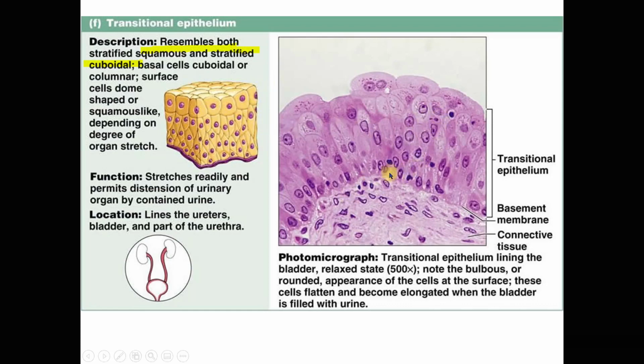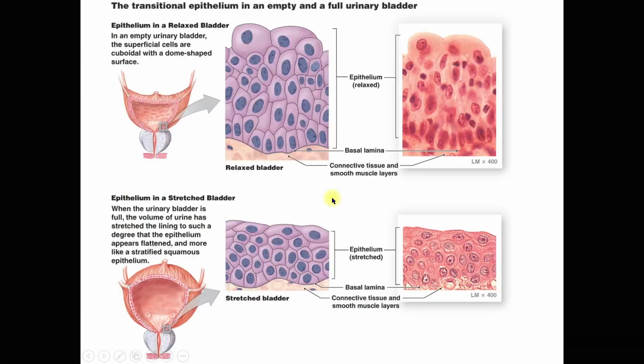This is the squamous cells that it resembles, and this is the cuboidal cells that it resembles. You can see how these transitional epithelial cells are stretched, and this is when they are not stretched, or relaxed.